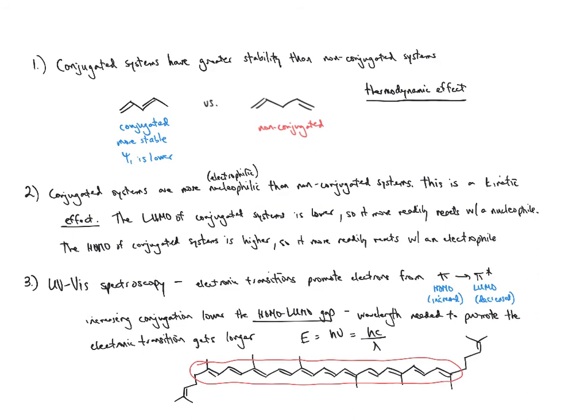The wavelength that's needed to promote that electronic transition increases. And so all of a sudden now the lambda max is in the visible region. And so this is lycopene and carotene. This gives rise to the orange and red and yellow colors of leaves.